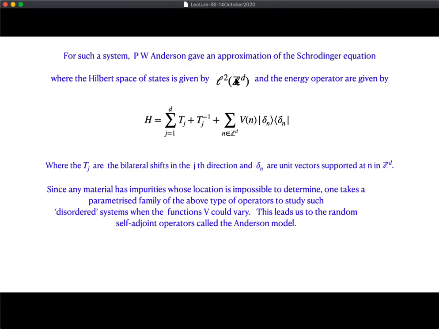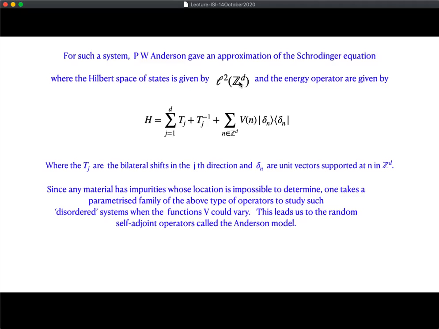Z^d is the space in which at each lattice point there is an atom sitting there, and square summable sequences on this space form the state space. The energy operator is H, equal to this quantity that replaces the free part of the energy, plus a potential.